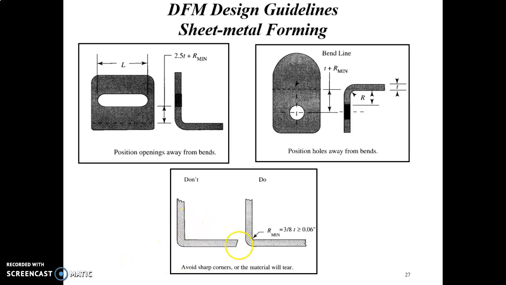So we recommend the inside bend radius should be equal to the material thickness. Avoid sharp corners or the material will tear off.